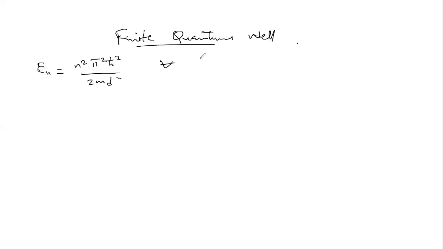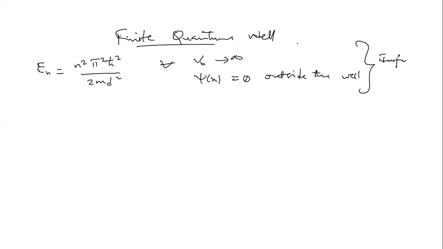And for potential values tending to infinity, with psi of x being 0 outside the well. So this is what we got for the infinite quantum well. Now, for a finite potential well, V naught is less than infinity.